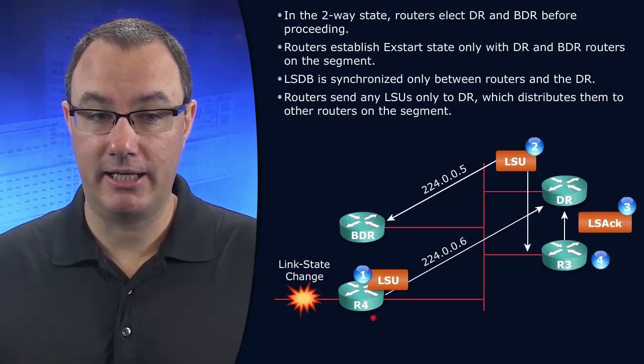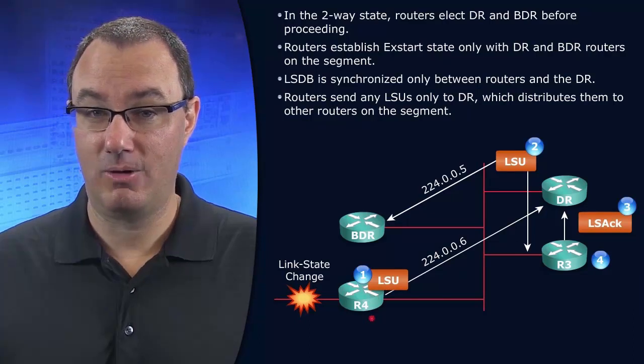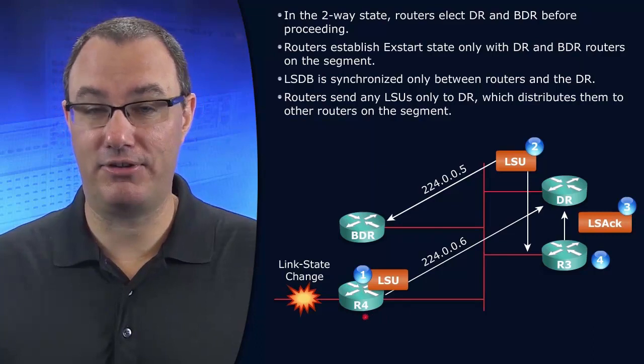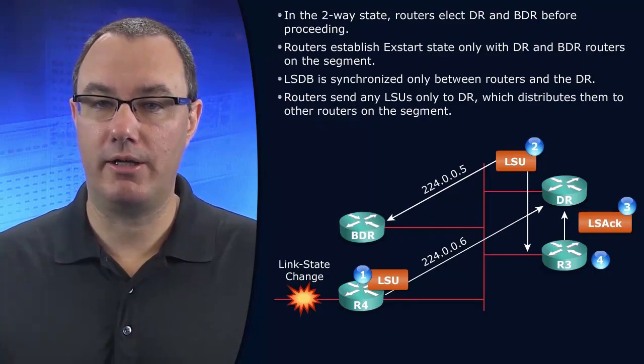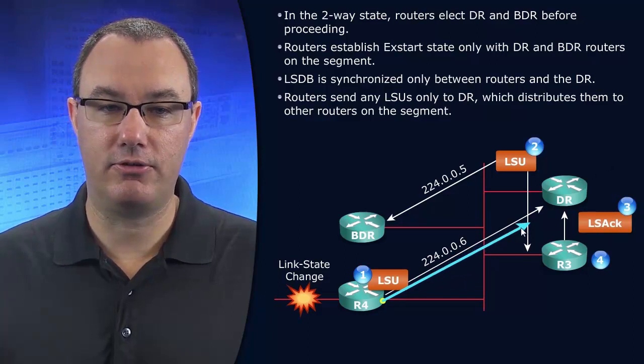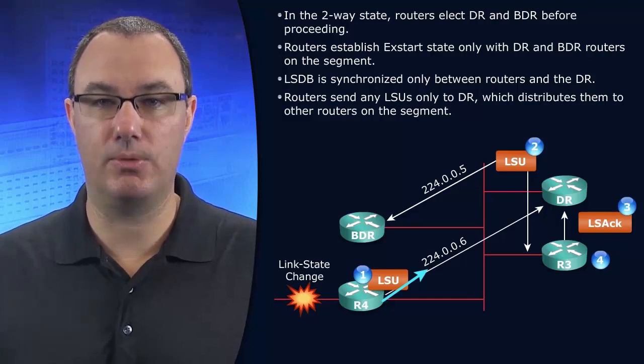And certainly, this can't send a type 2 LSA. Why is that? Well, it's because only designated routers can share type 2 LSA information. So, type 1 information contained in an LSU is going to be sent to that multicast address, 224.0.0.6.